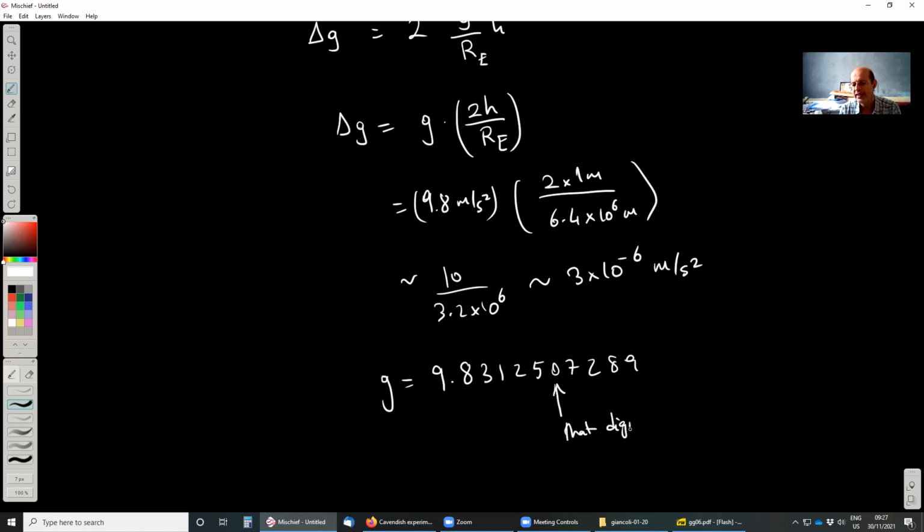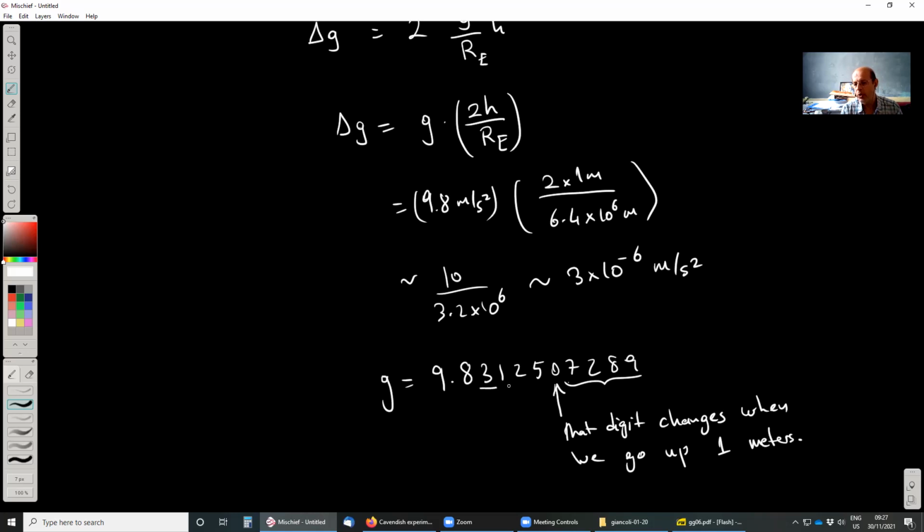That digit changes. And all the rest basically also changes when we go up 1 meter, right? So this part doesn't change.